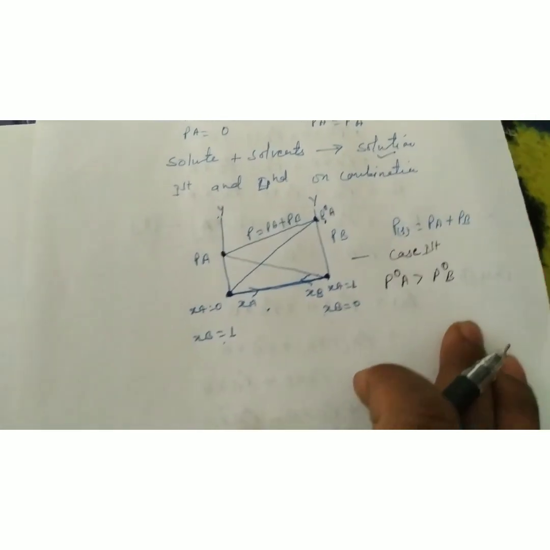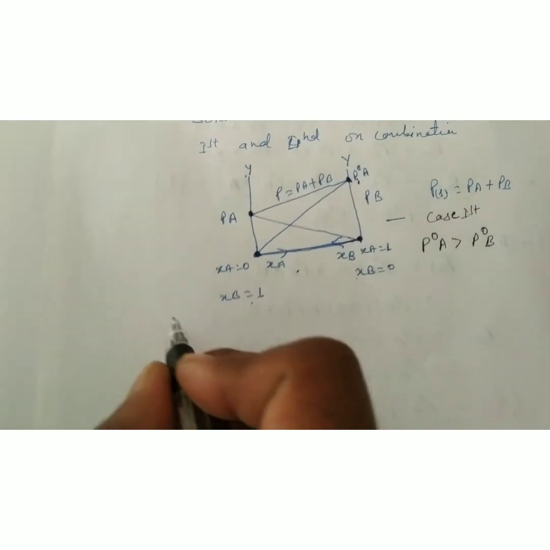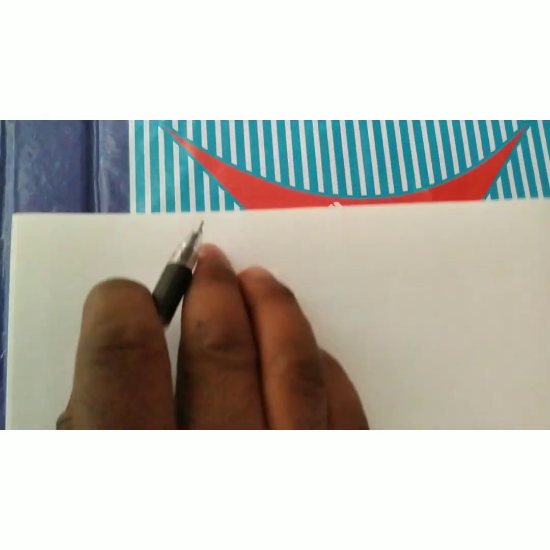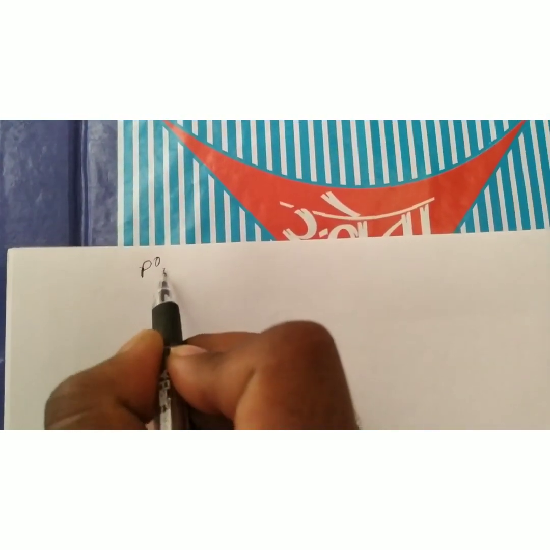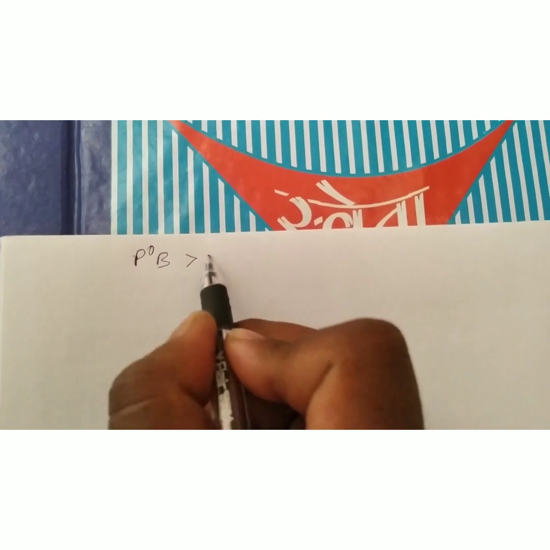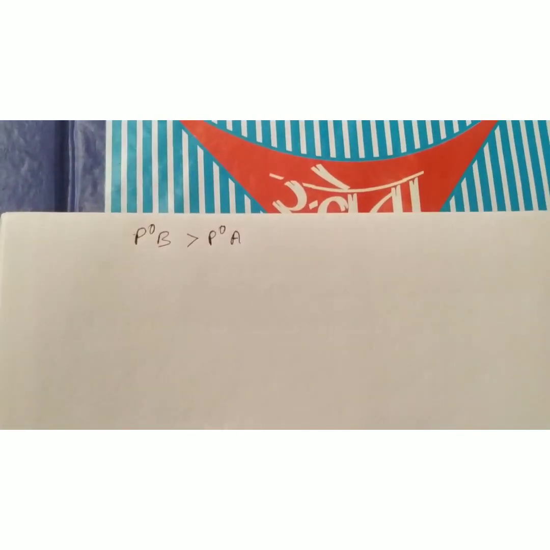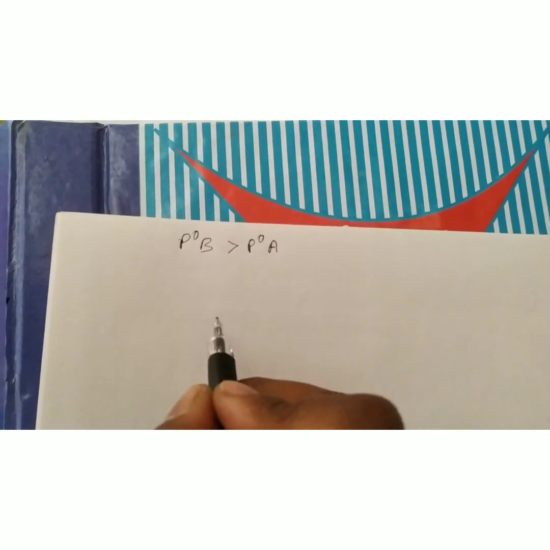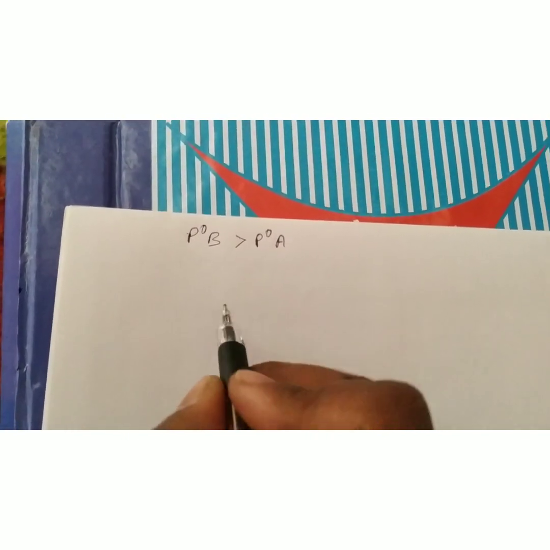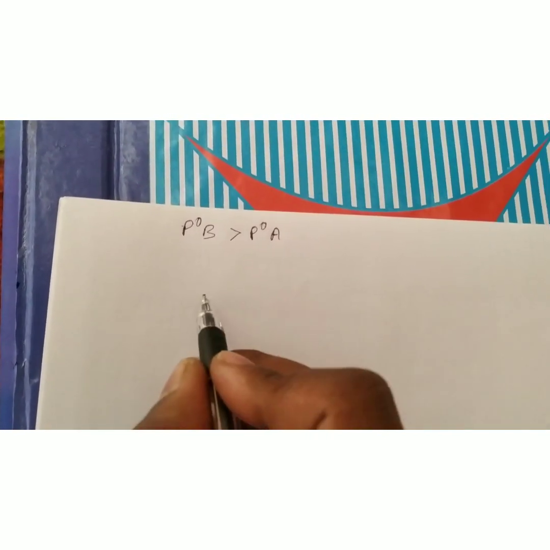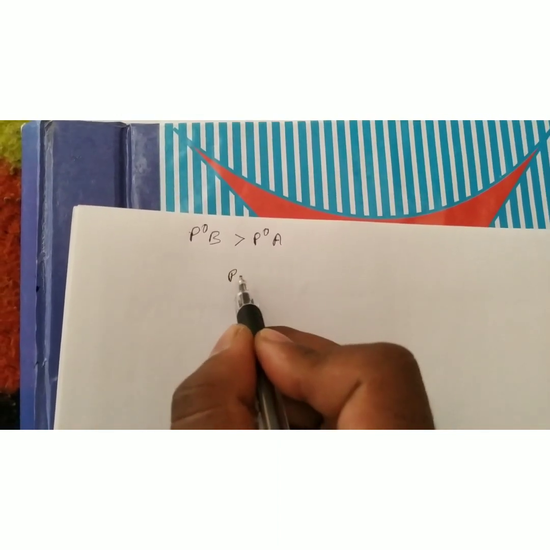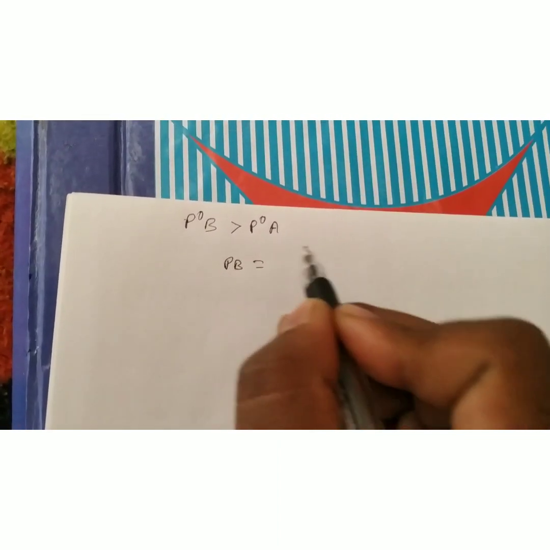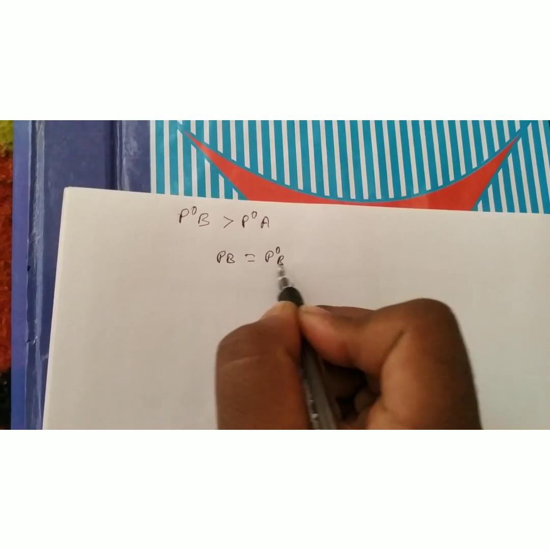Now we will discuss case second, when P naught B is greater than P naught A. Dear students, the equation will become PB equals P naught B XB.